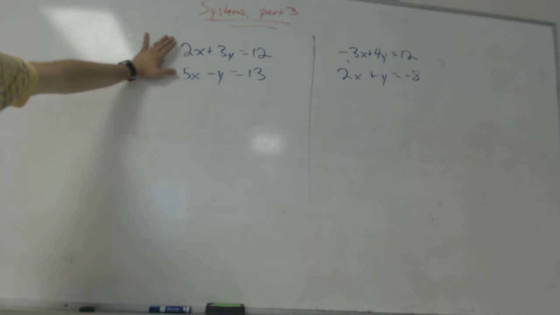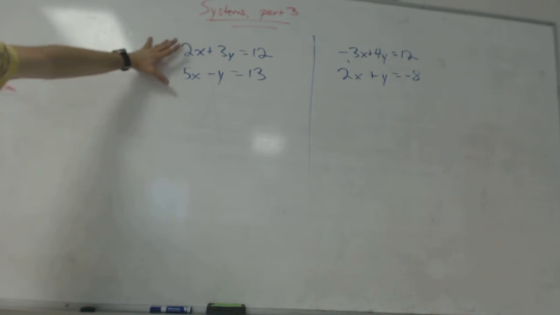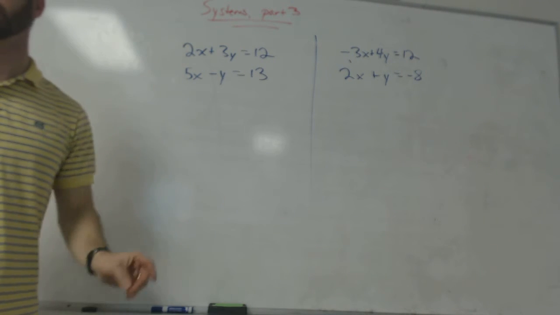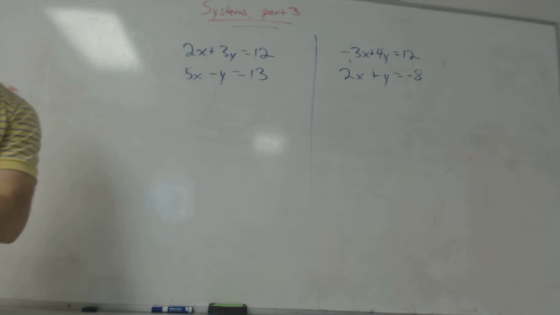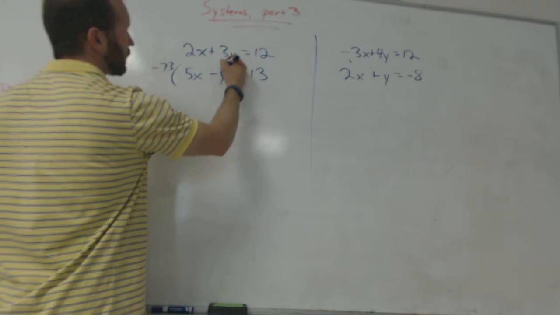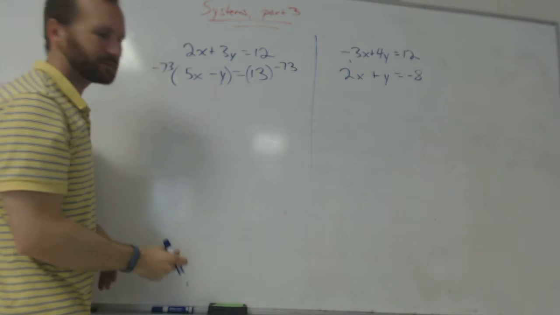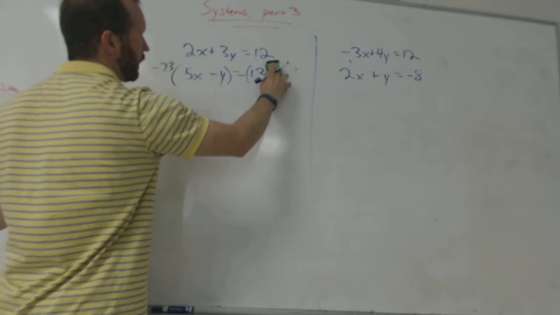You're going to say something like, multiply the top equation by 10, or multiply the bottom equation by negative 73. You think this is going to work? No, right? What would work though?